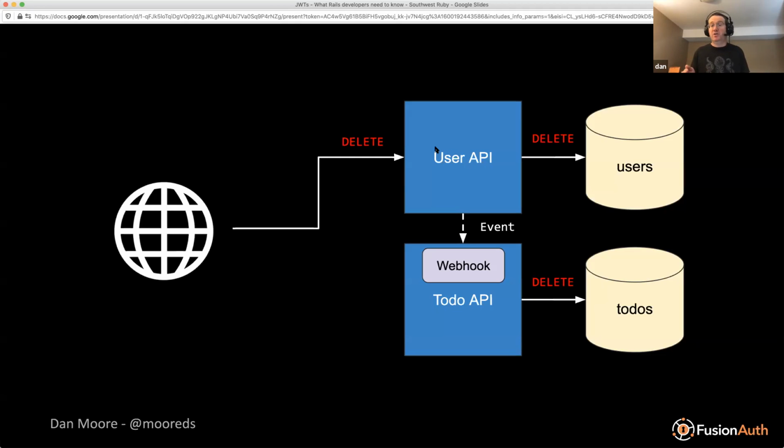The to-do API would say to the user API, hey, I'm interested in knowing about delete events. So if any user wants to be deleted, let me know, and then I will go ahead and delete all their to-dos. And this has the virtue of being less impact on the client and being a lot more scalable, right? So you can have as many services as you want register with the user API, and then they all get that delete event.